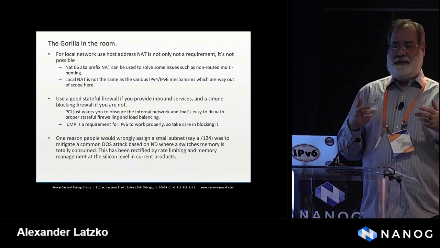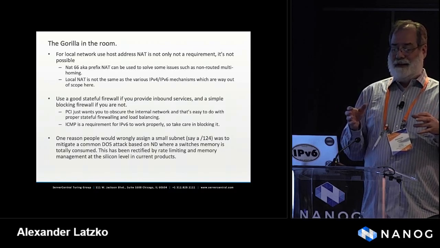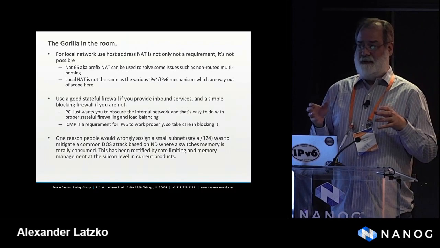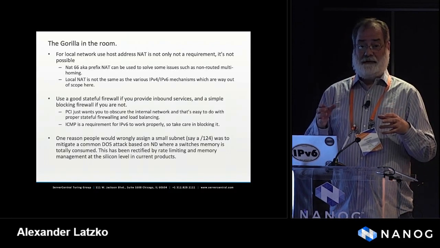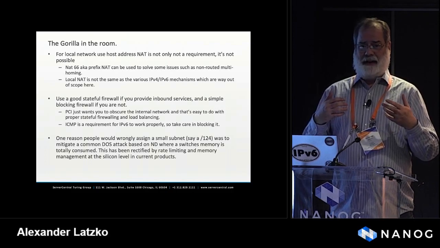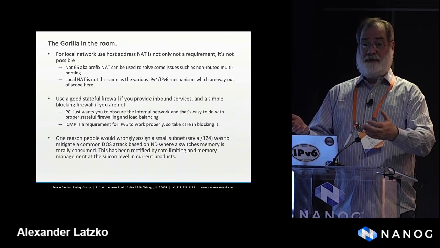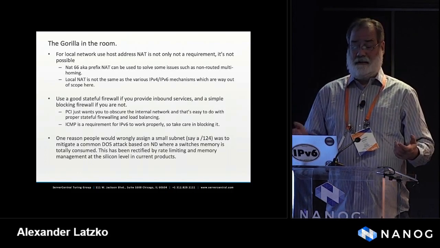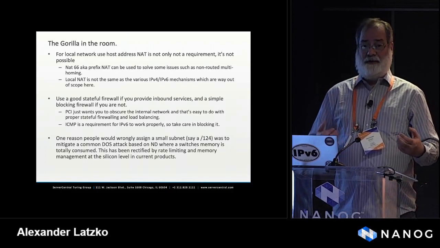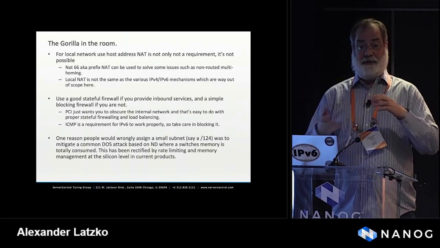Now, I've been harping on the fact that a /64 is the basic building block. Well, a long time ago, people would assign a /124 or /122 or some smaller block. Sometimes they do this out of the misguided idea that, hey, /124 is 255 host addresses. That's a /24's worth. That's all you need. Sometimes they would do it out of fear of a denial of service attack with network discovery, where you could simply keep poking MAC addresses and fill the tables on a switch.